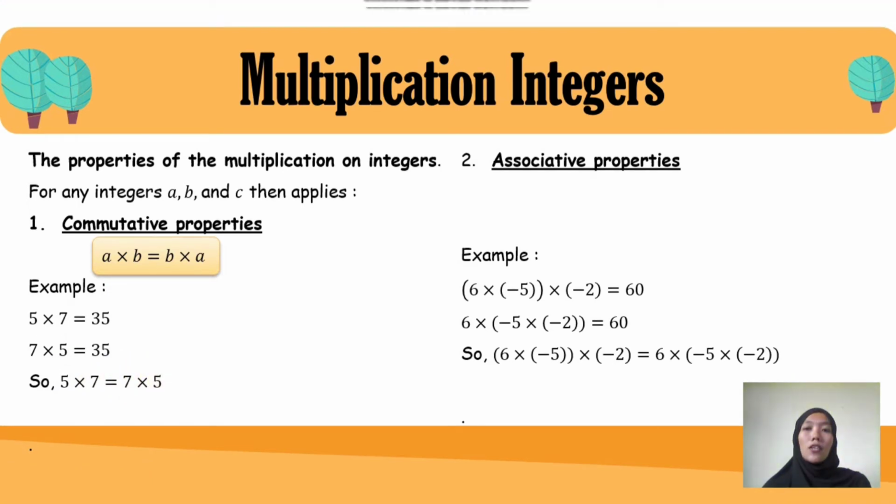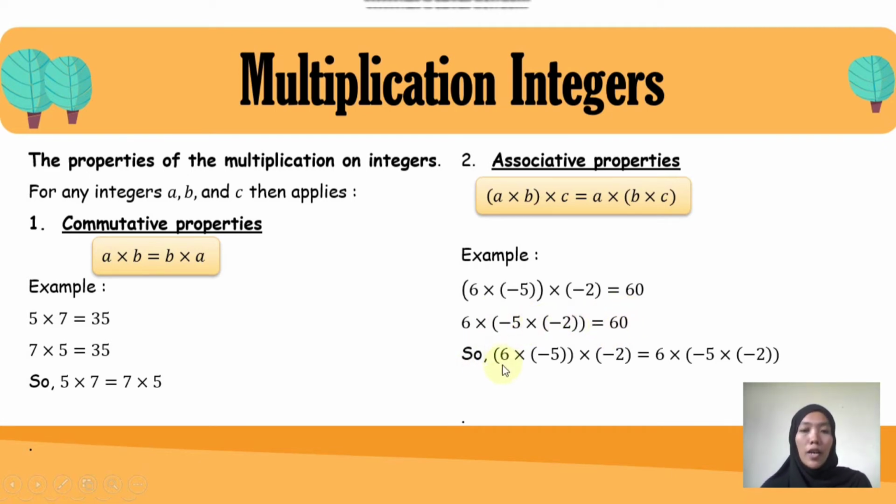The second is the associative property. The formula is open bracket a times b close bracket times c is equal to a times open bracket b times c close bracket. For example, open bracket 6 times minus 5 close bracket times minus 2 is equal to 60, and 6 times open bracket minus 5 times minus 2 close bracket is equal to 60.